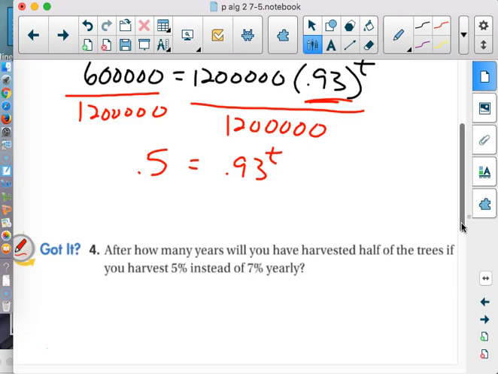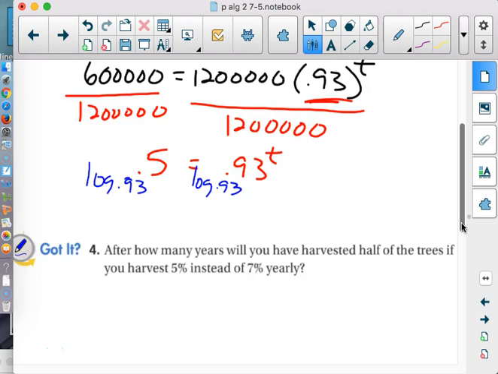How do we get rid of it? Well, it has to be a logarithm, and the bases have to match. This is going to have to be logarithm base 0.93. Remember, the calculator could not possibly care less if we are using decimals for bases. It just wants numbers. It really does not care if they're decimals.